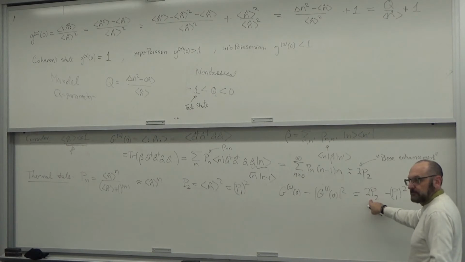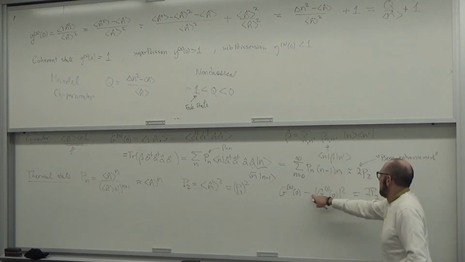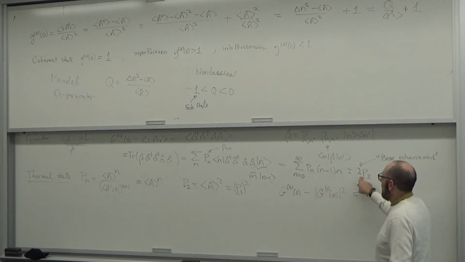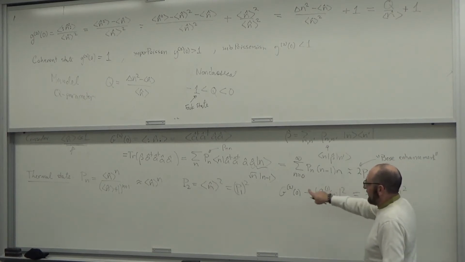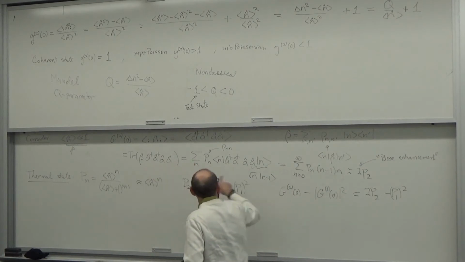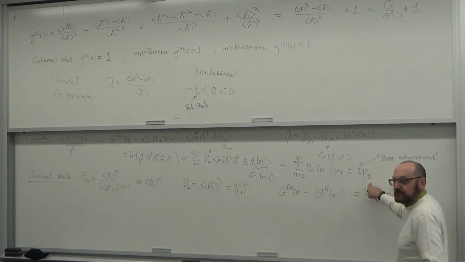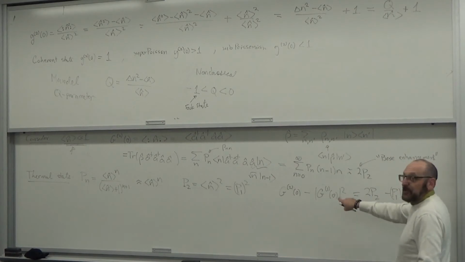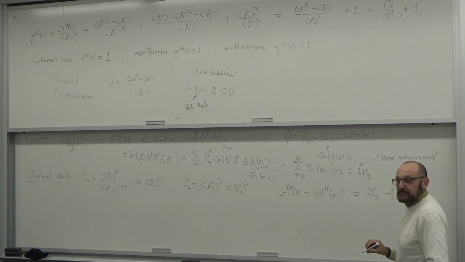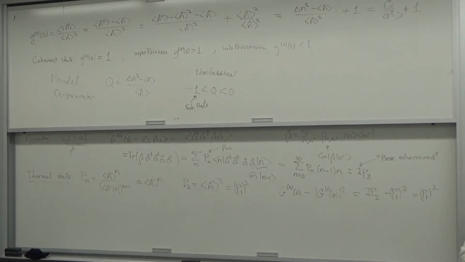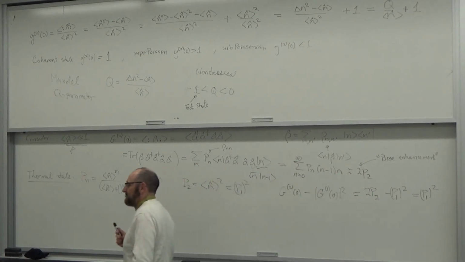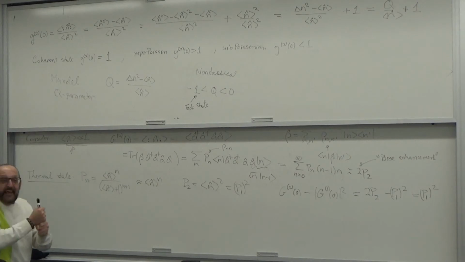Because P2, right here, this is the probability of finding two photons, where we just, this expectation value, this is G2 at 0, which is twice P2. But P2 was equal to P1 squared. So another way of saying this Bose enhancement is that bosons like to be in the same mode.